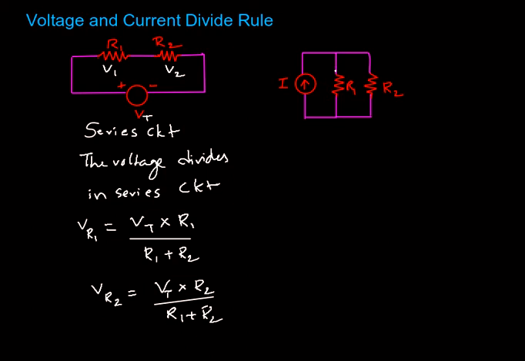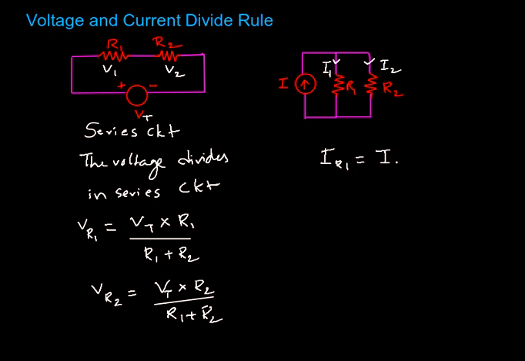Suppose you want to find how the current divides in a parallel circuit. Here we have I1 and I2. If you want to find the current at resistor R1, then IR1 is equal to, and here this is different, we do not use the same resistor.